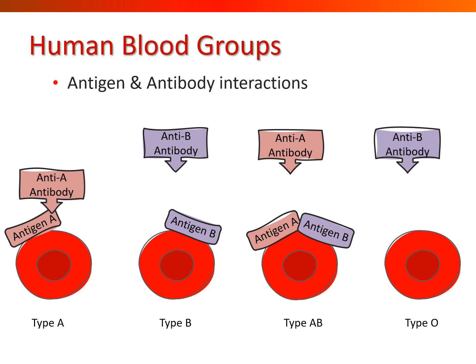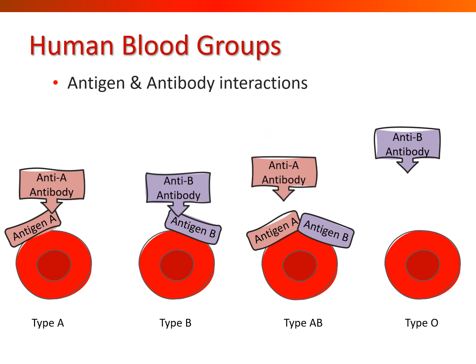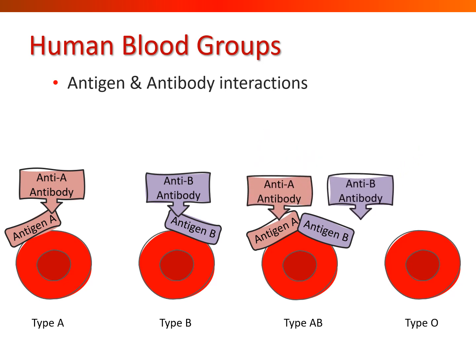The same thing would happen if we had a B-type blood cell in an area where there's the anti-B antibodies. We would have an agglutination reaction happening there. In the case of the person who has type AB blood, not only would an anti-A antibody attack it, but so would the anti-B antibody.